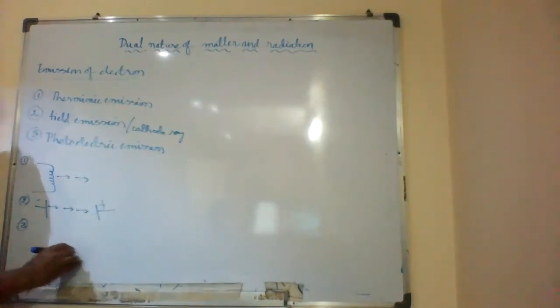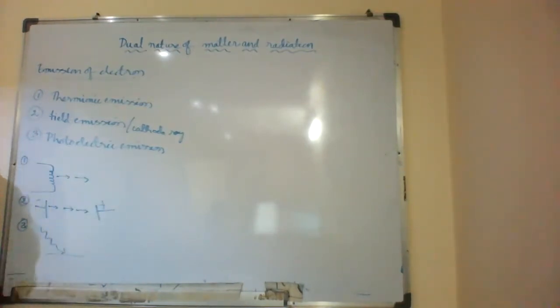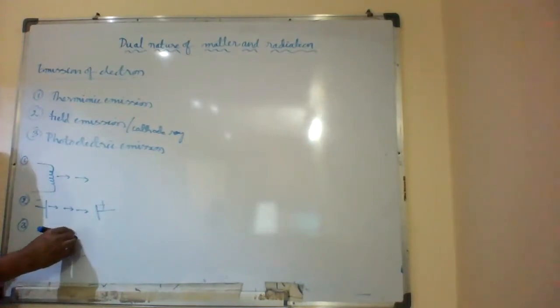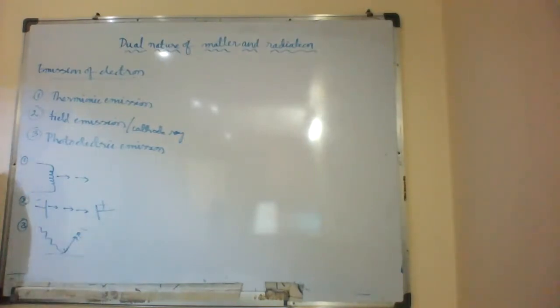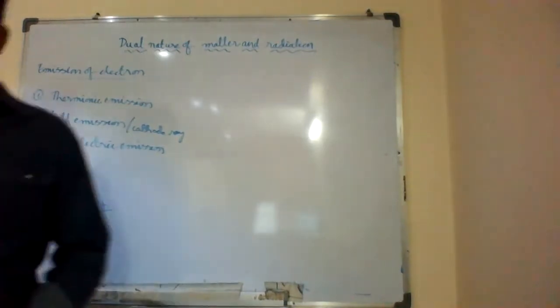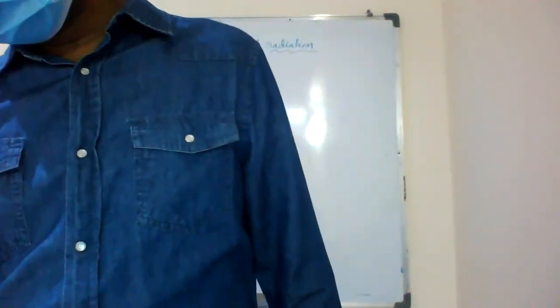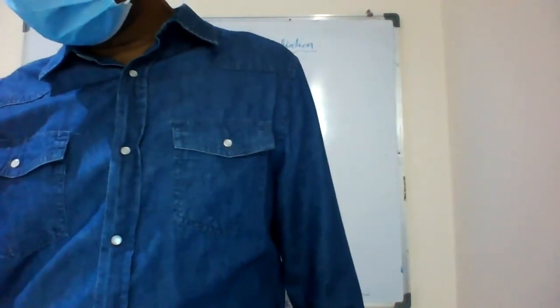The third one is the photoelectric effect. What is the photoelectric effect? When light of a certain frequency is incident on a metallic surface, electrons are ejected outside. This phenomenon is known as photoelectric emission.